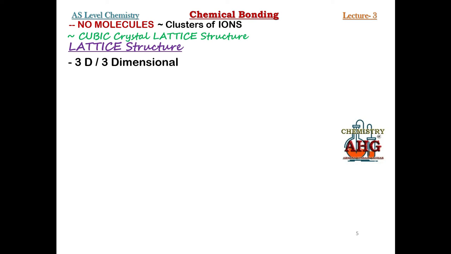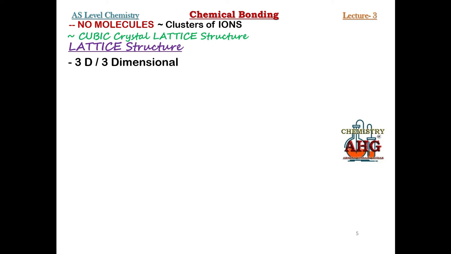What are the three dimensions? X-axis, Y-axis and Z-axis. In chemistry, this 3D arrangement is known as lattice structure.